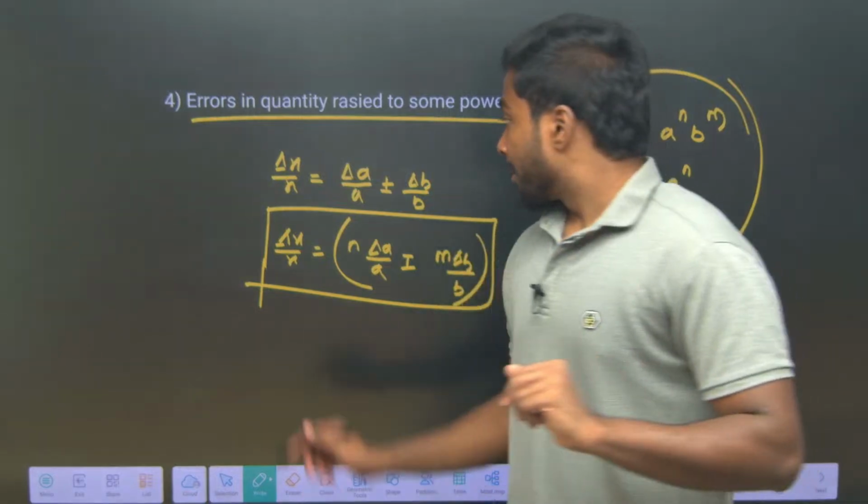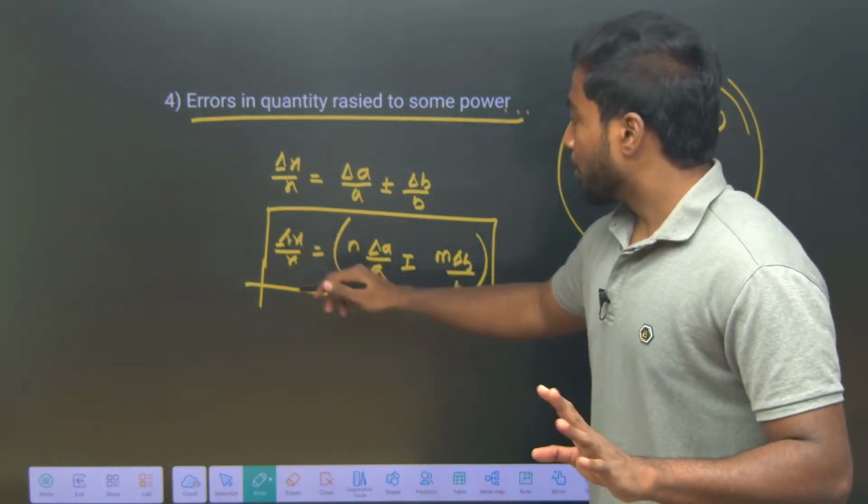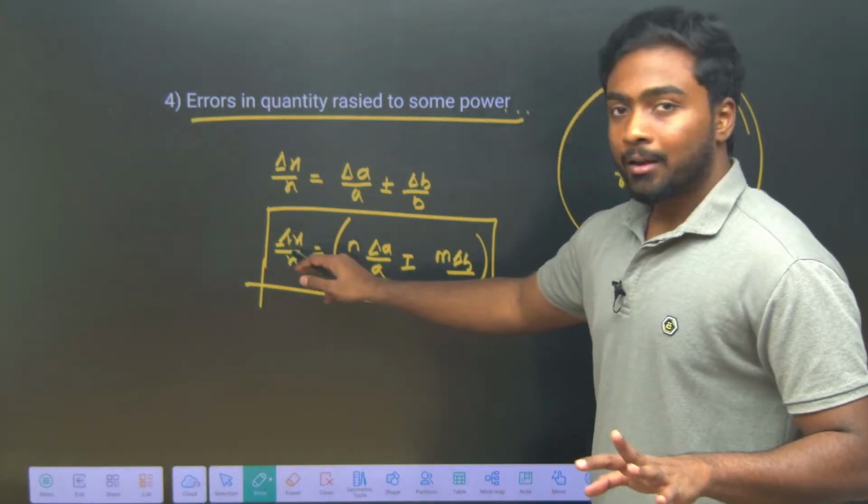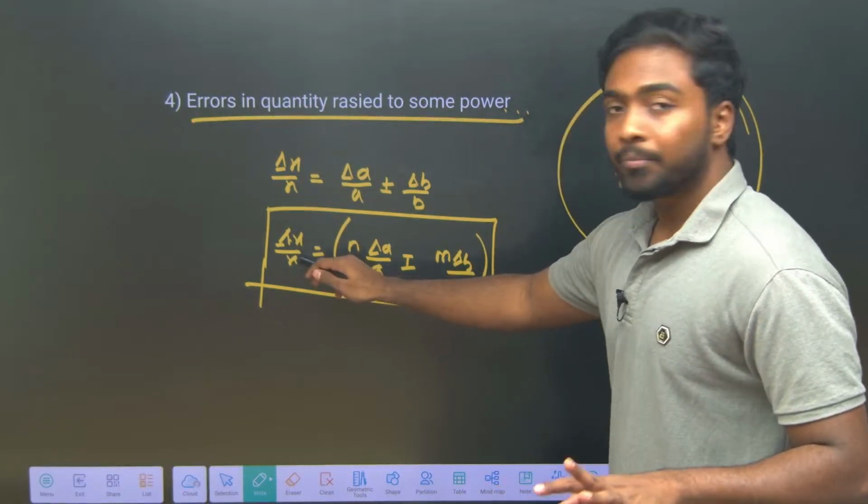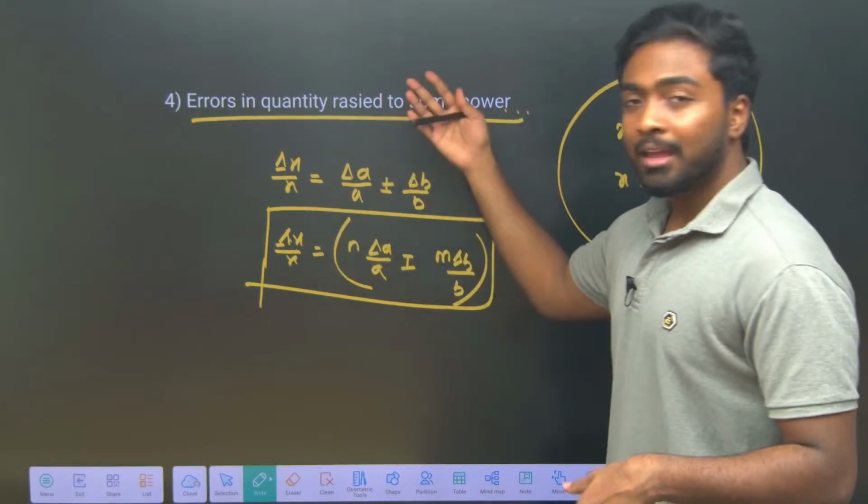Okay, so I need delta x, that's it. So take delta x only on this side. X, what is x? It is either a by b or a into b.